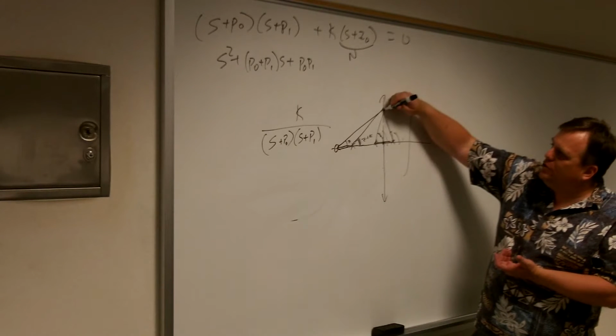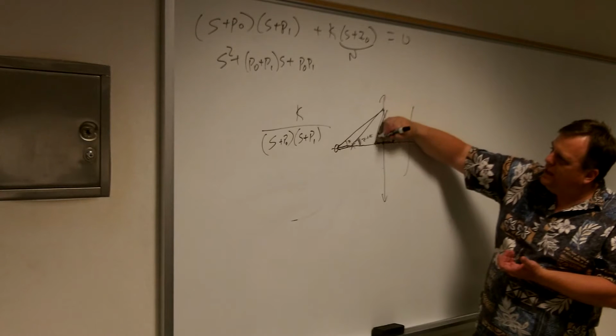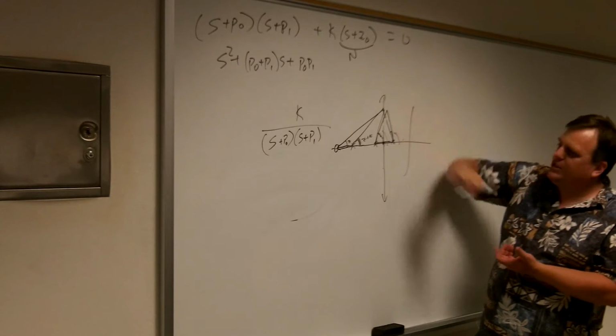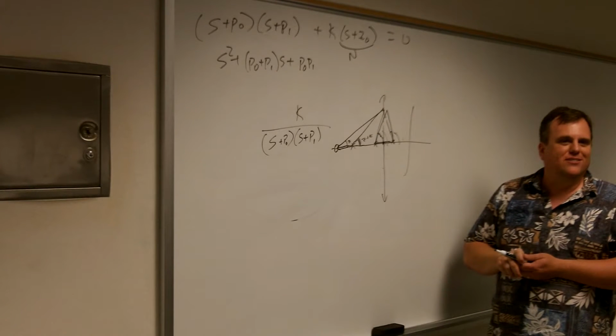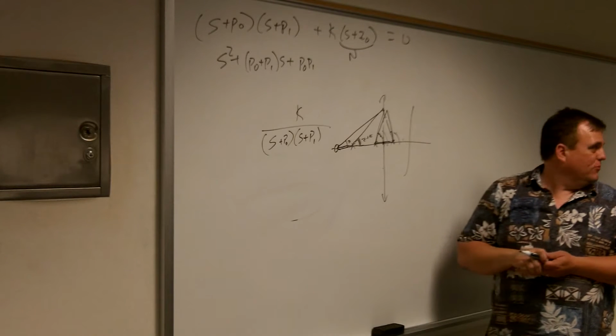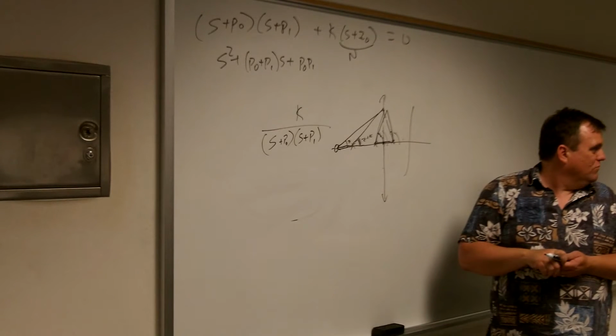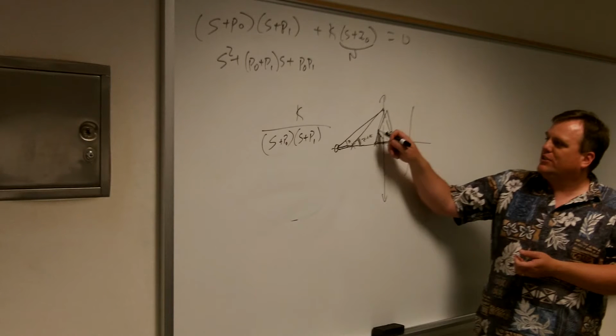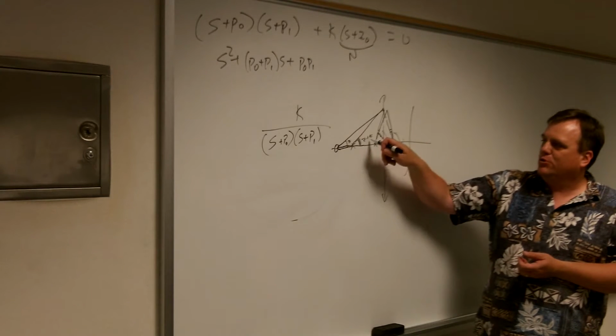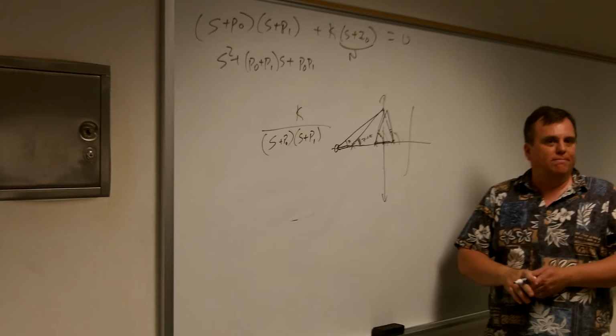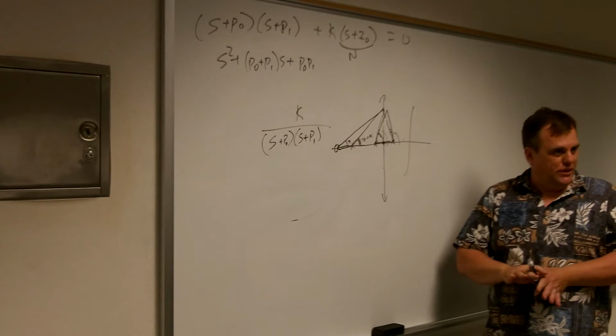The only way to do it is to shift this over a little bit, so that angle goes down a little and this angle goes down a little. As long as I adjust it such that this plus that equals epsilon, I'm good. That make sense?